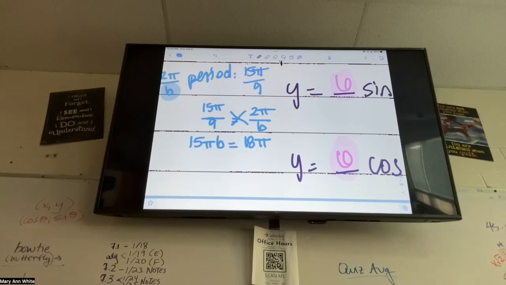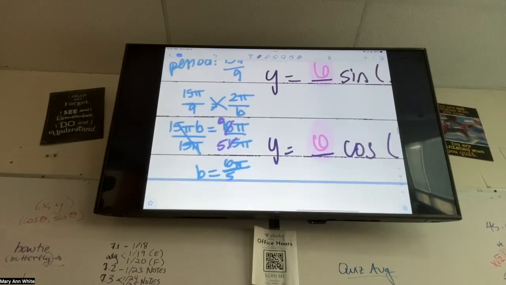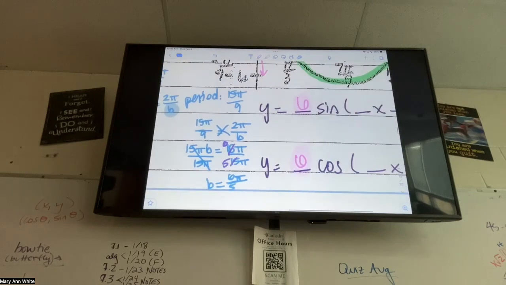All right, and then I want to get b all by itself, so let's divide by 15 pi. B equals, is that 6 over 5 pi? 6 pi over 5. If I take a 3 out, then I get 6, and I take a 3 out, I get 5. 6 pi over 5. I know that that's ugly, but that is my b. So I'm going to go put that in here.